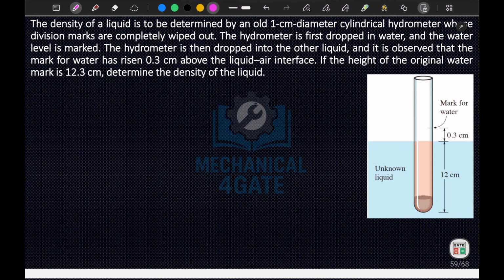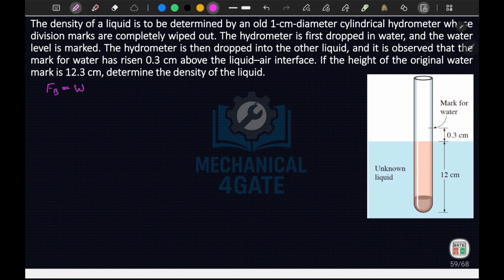Since in both cases the hydrometer is floating, I can say from the principle of flotation, or Archimedes principle, that the buoyant force is equal to the weight of the hydrometer, and the weight will remain the same for both cases.